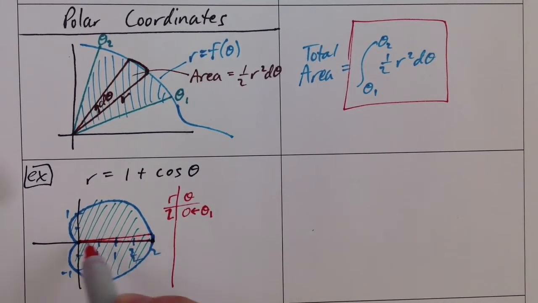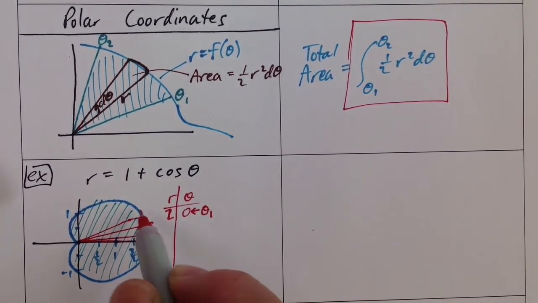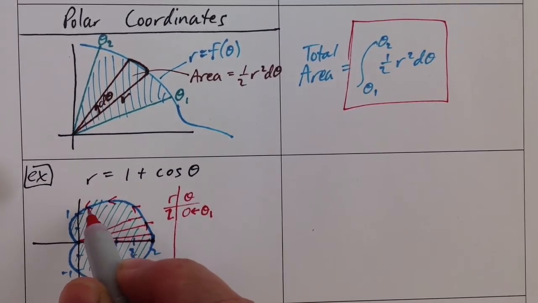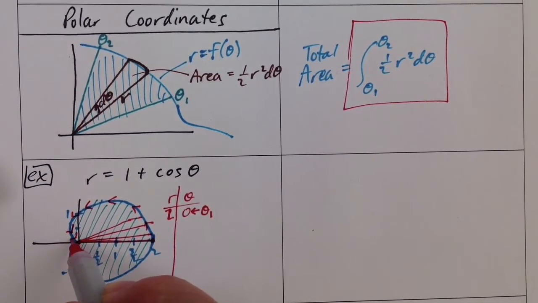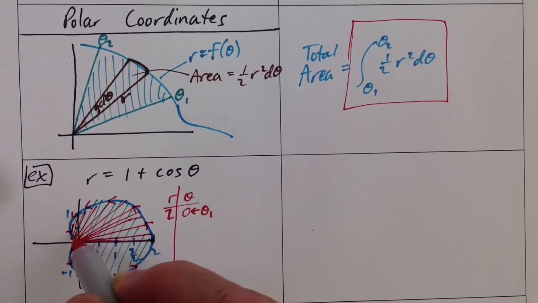And then when theta increases, remember, r and theta have direction. So this is what's happening all the way around the curve. As theta increases, we're sweeping out this entire region. Now the hard part is to visualize this, but I'm going to show you a cool visual in class.